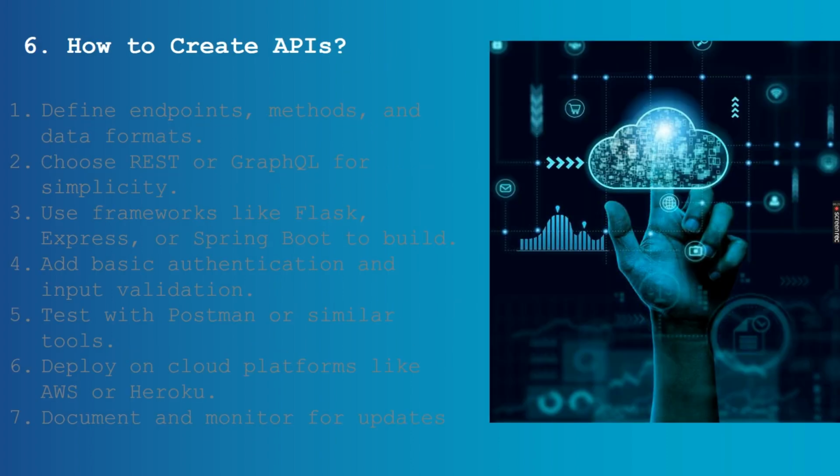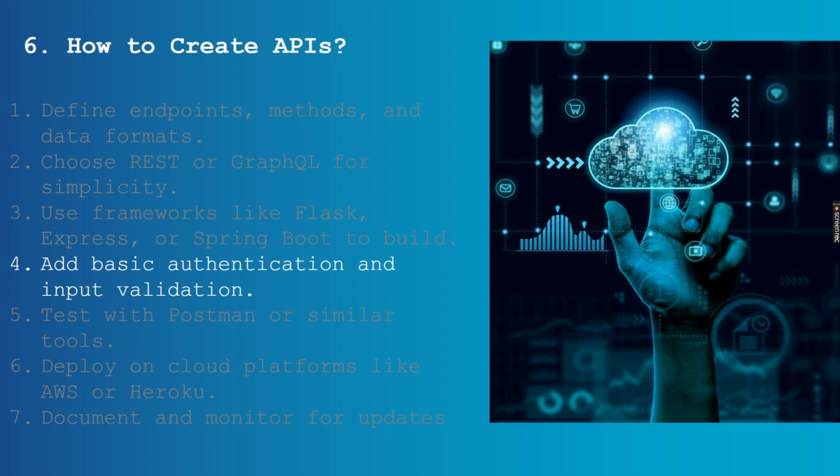So the next topic is how to create APIs. So paano nga ba? First is define endpoints, methods, and data formats. Then choose REST or GraphQL for simplicity. Then use frameworks like Flask, Express, or Spring Boot to build.